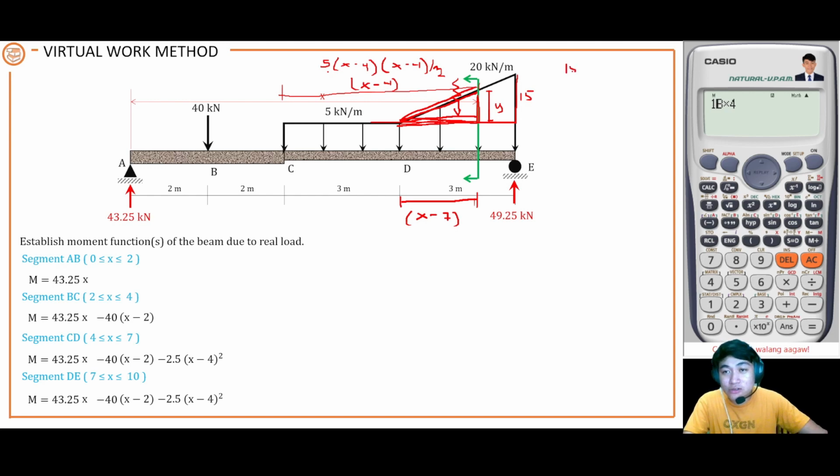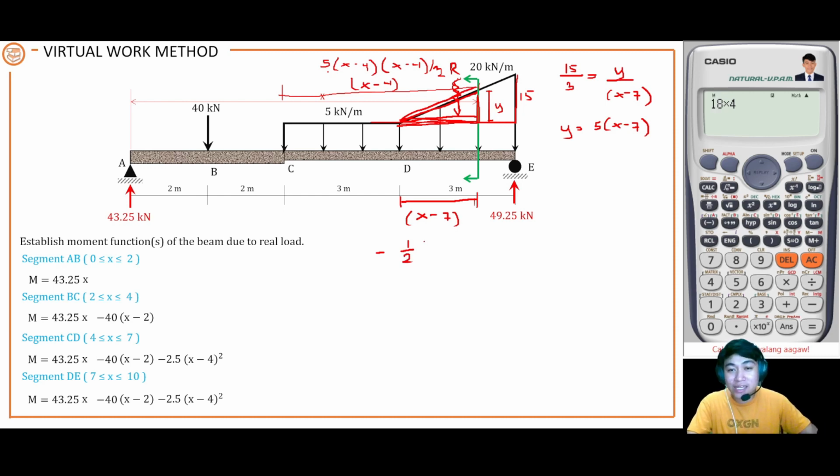So by ratio and proportion, we have 15 over the total length of 3 is proportional to y over the length x minus 7. Therefore, y is equal to 5 times x minus 7. Now, let's solve the resultant. This resultant is 1 half, counterclockwise, so negative 1 half.